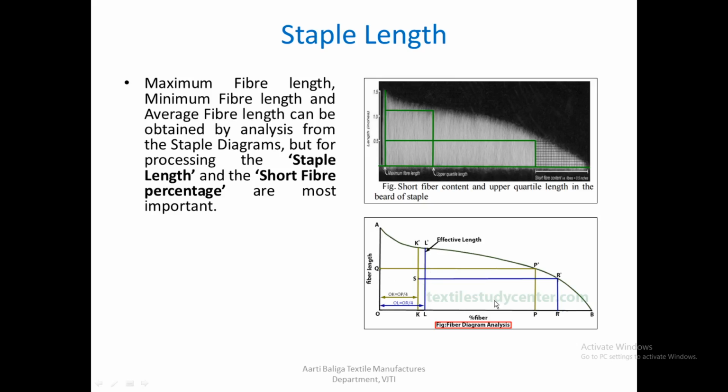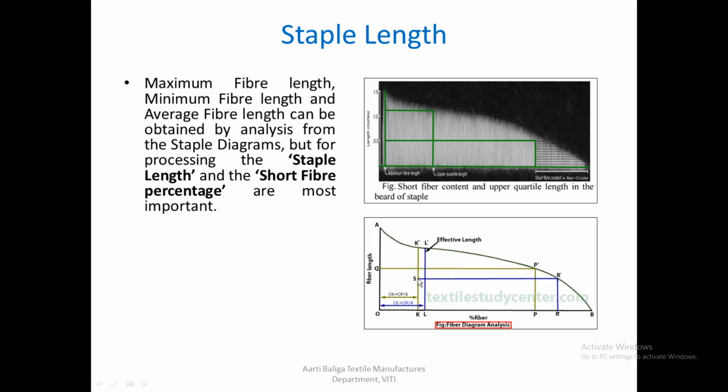Once you get this diagram, you take half of OA here, that is Q, draw a horizontal line and you get QP, draw a vertical line and you get PP dash. Then you get this line KK dash by taking 1/4 of OP, which we have just got. 1/4 of OP is taken, this line is drawn.